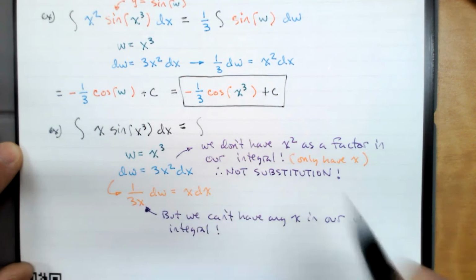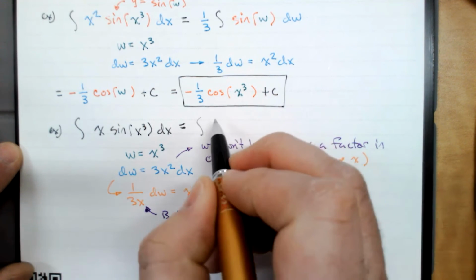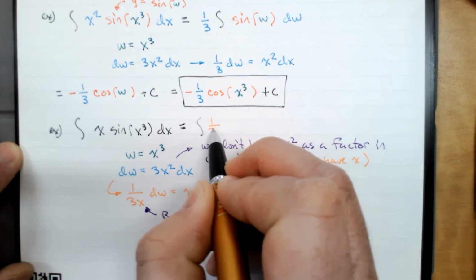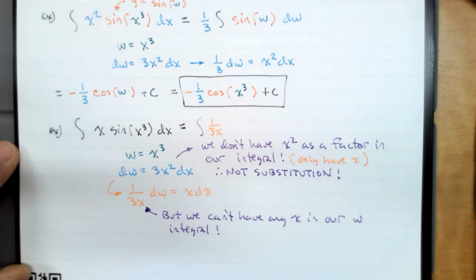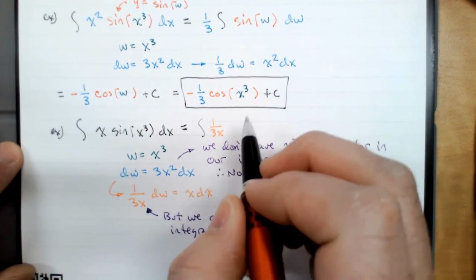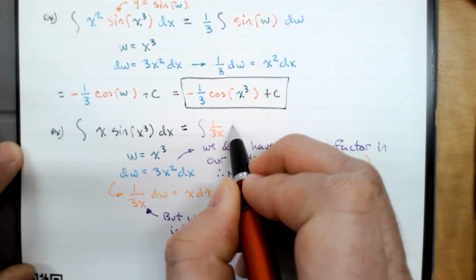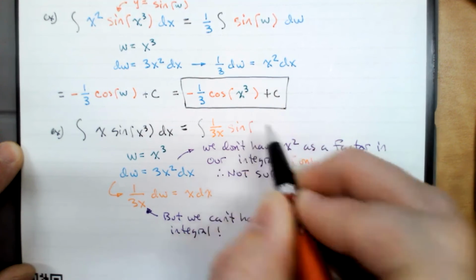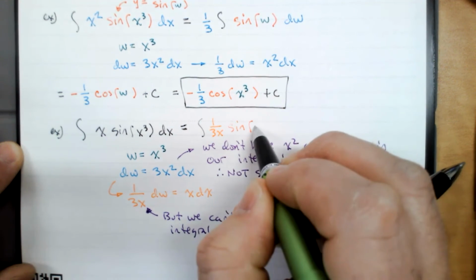So the x and the dx, if that becomes 1 over 3x, my outside function is still sine of x cubed. My x cubed becomes w.